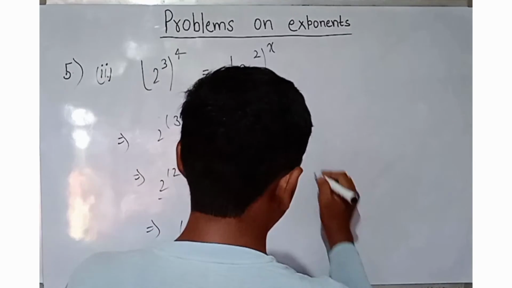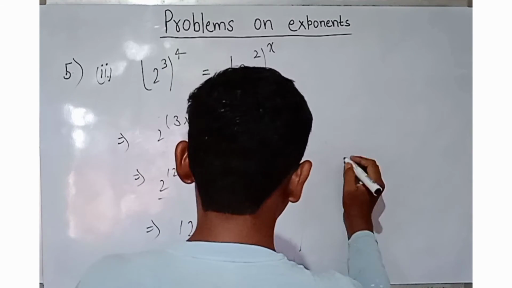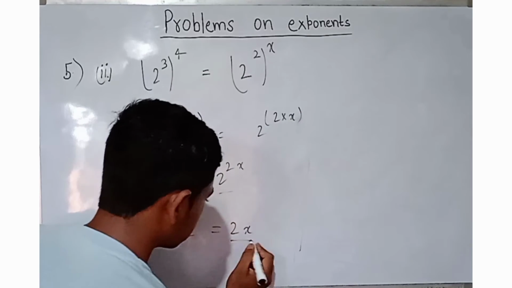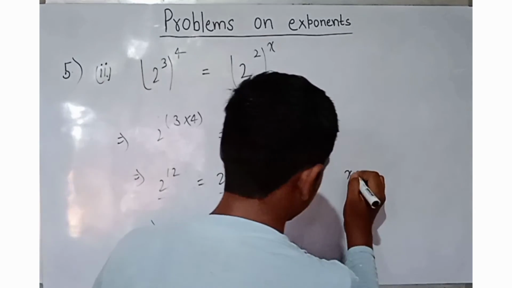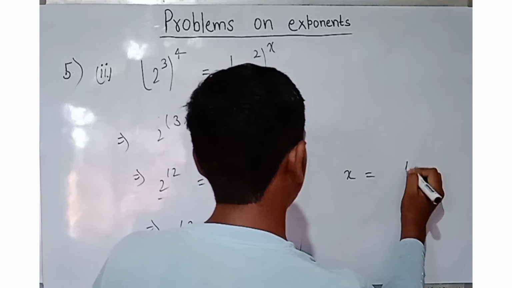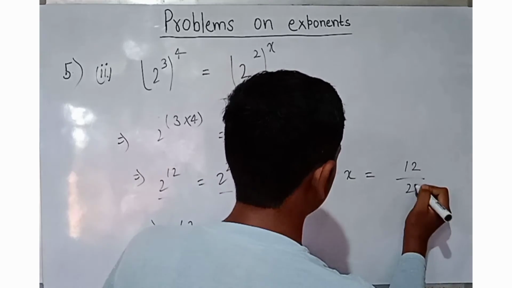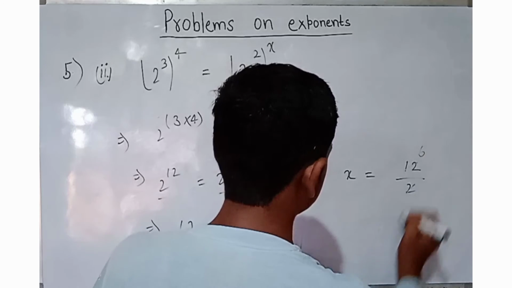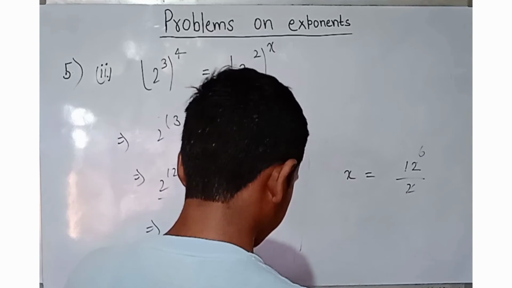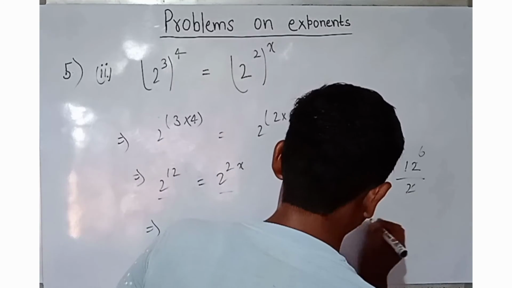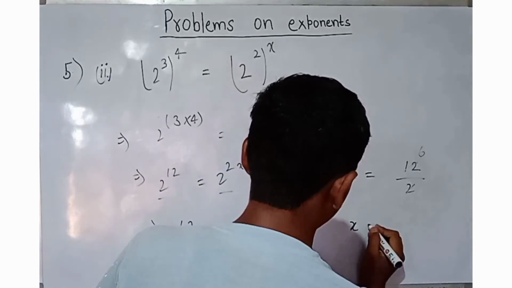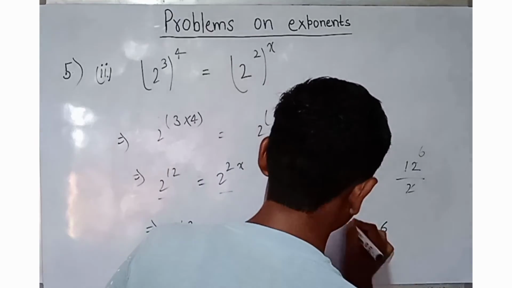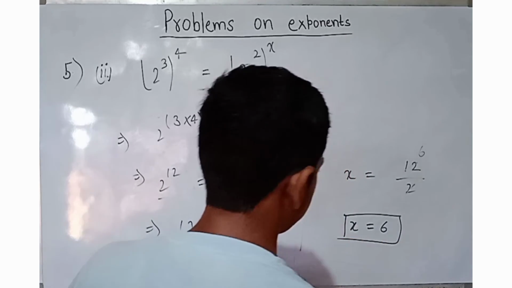Then the value of x, see here, 2x is equal to 12. So x is equal to 12 by 2, so it will be 6. So the value of x is 6.